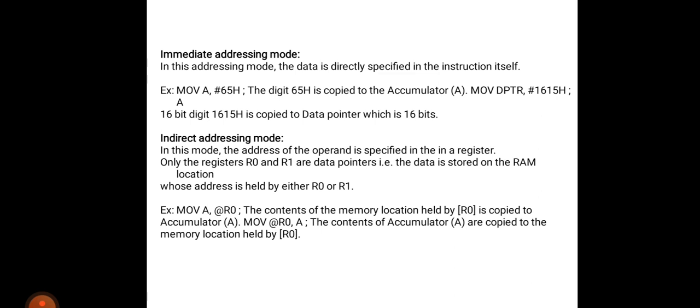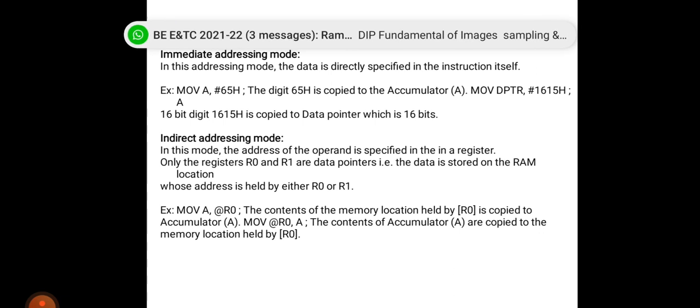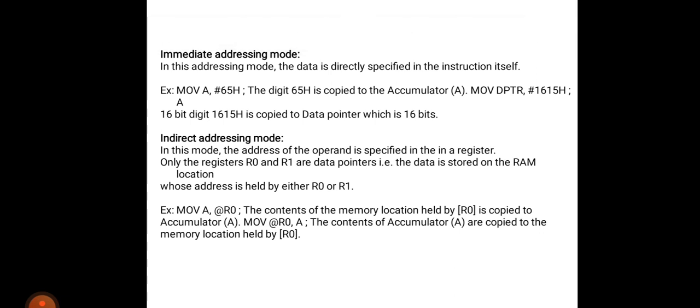Now we will see by an example. MOV A, @R0 means the contents of the memory location held by R0 are copied to accumulator A. Another example is MOV @R0, A, which means the contents of the accumulator A are copied to the memory location held by R0.